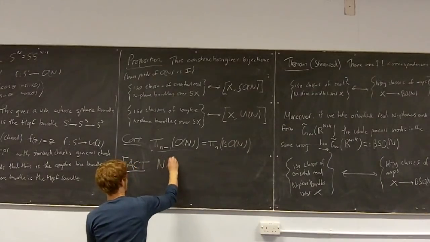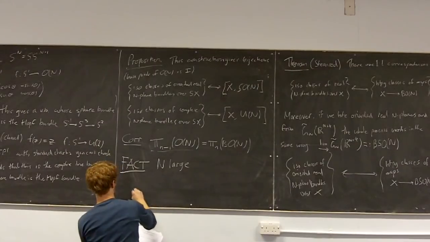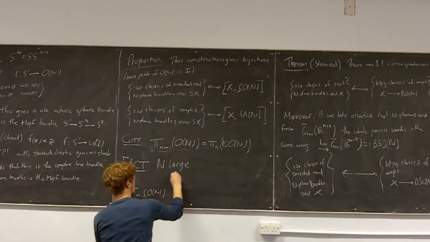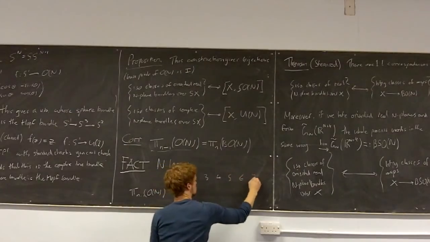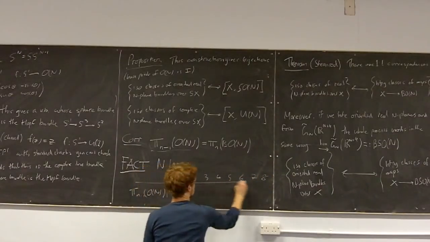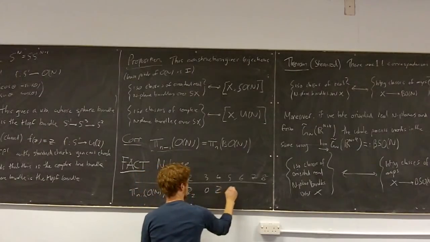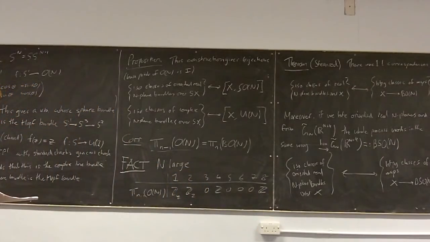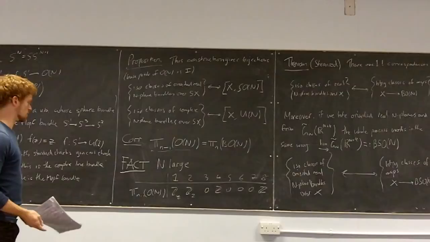So for n large, we should be getting... Okay, so you can calculate some of these in the lower ranges quite nicely using exceptional isomorphisms to known topological spaces.